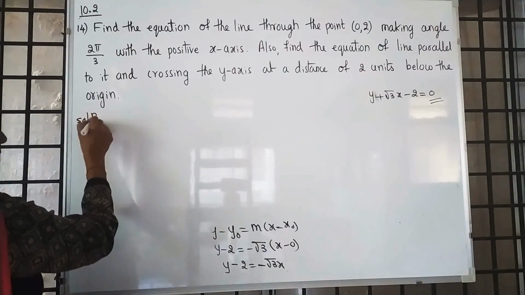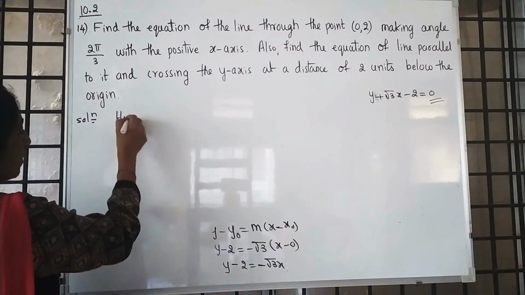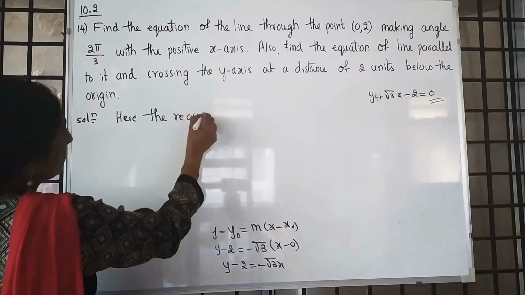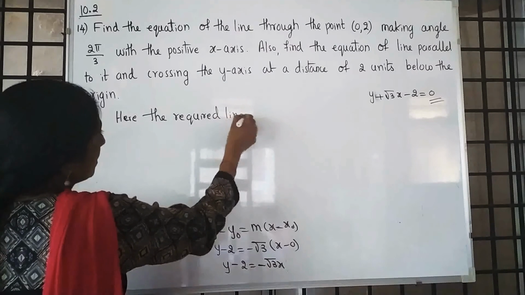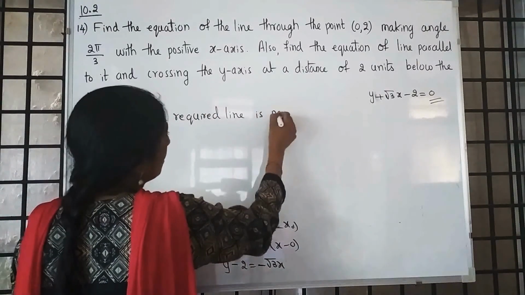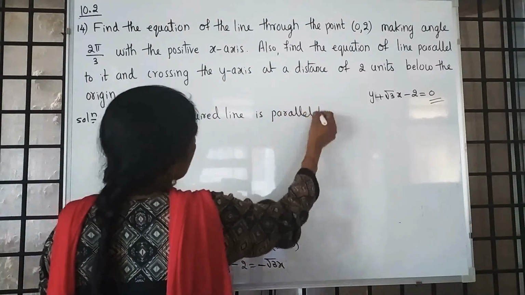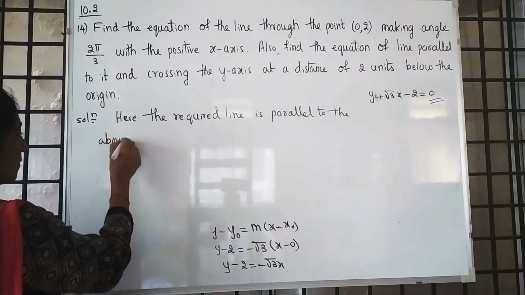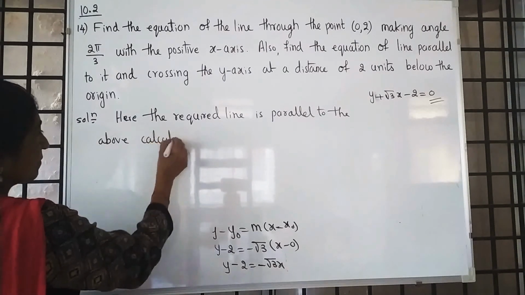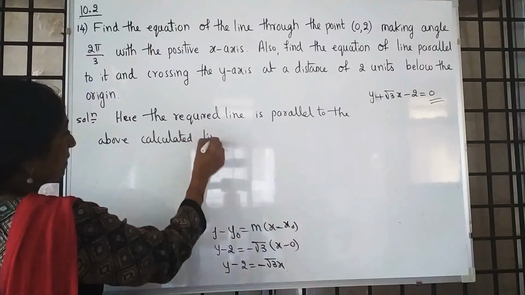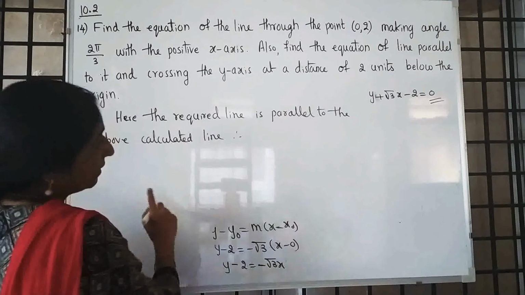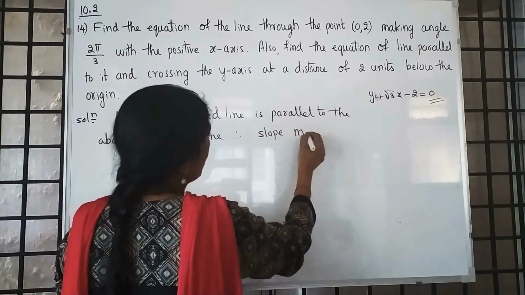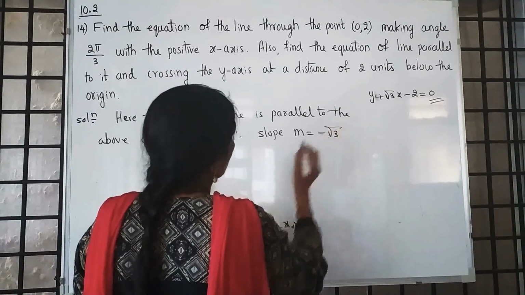In the second half, the required line is parallel to the above calculated line. Therefore, see, parallel means their slopes are equal. Therefore, the slope m is equal to minus root 3.